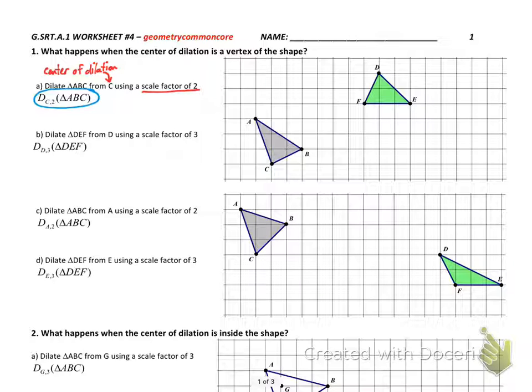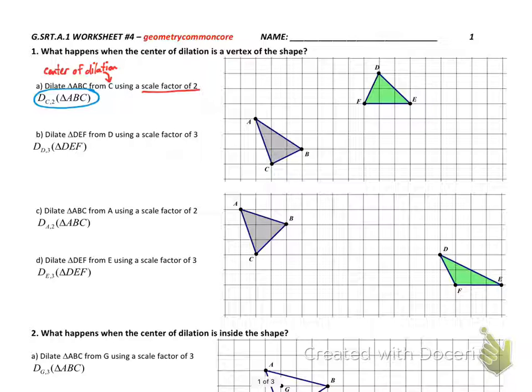All right, so if we're dilating from C, then here's one thing to keep in mind. Anytime I'm counting my movements, I'm always starting from that center of dilation. So every single time, I'm coming back to point C. So I'm going to dilate point A, first of all. And we have 2 different ways we can think about this.